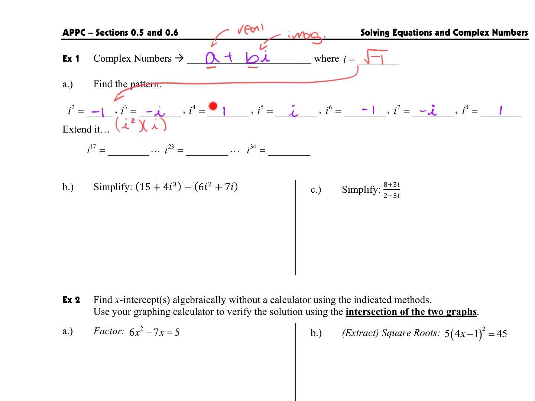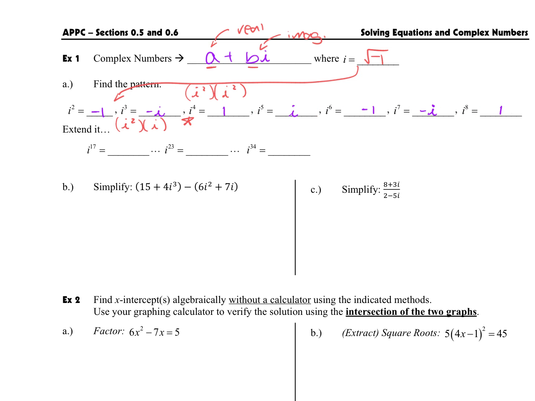Then looking at our i to the fourth, again continuing with our exponent rules, i squared times i squared. Now I have -1 times -1 is +1, which is where this is coming from. Now this i to the fourth is going to be the one we use the most to find the remainder of the pattern.